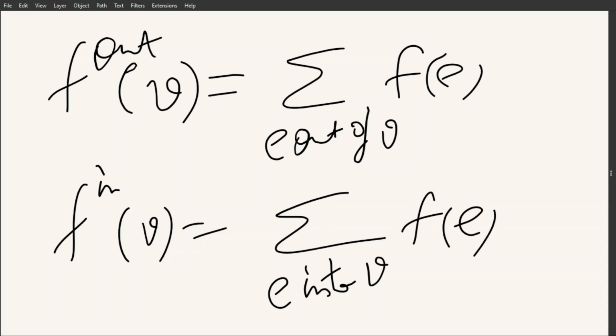Now same way we can also generalize this to any set, flow out and flow in.